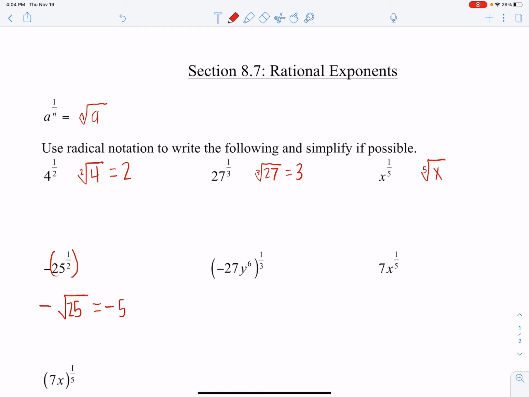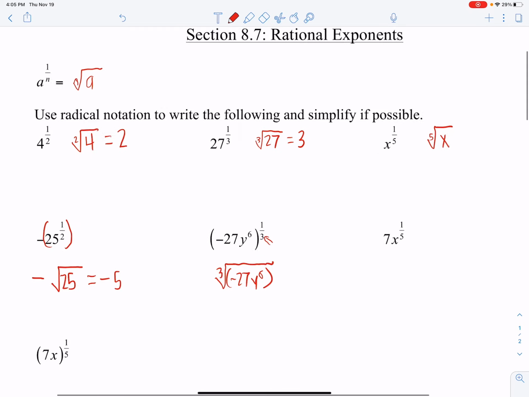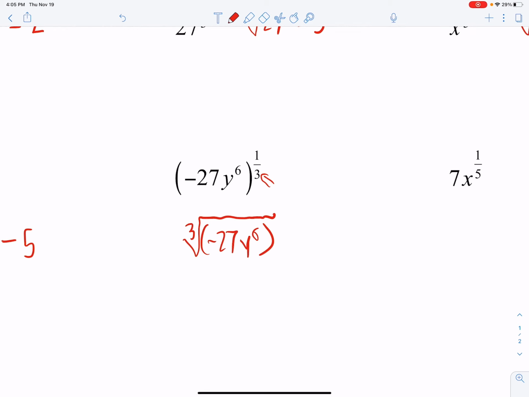Now, in contrast, look at this next one. Here, the negative is in parentheses, and that whole parentheses is raised to the 1/3. That whole parentheses then goes under the root sign. And because it's a 3 on the bottom of that exponent, we have the cube root of -27y to the 6th.